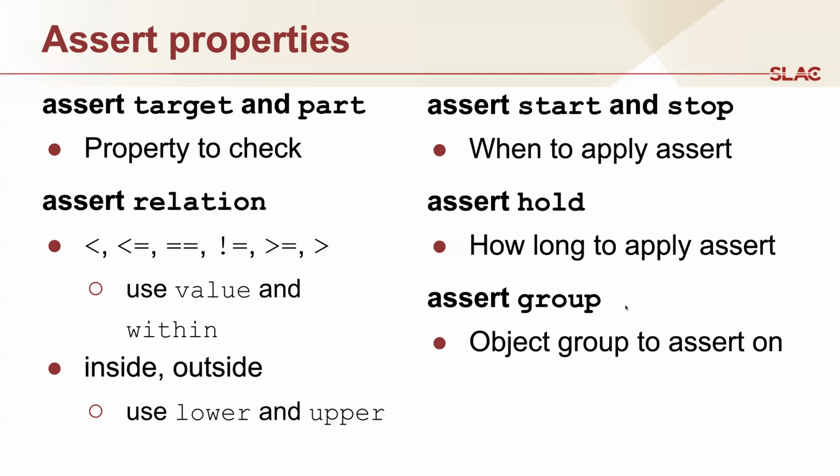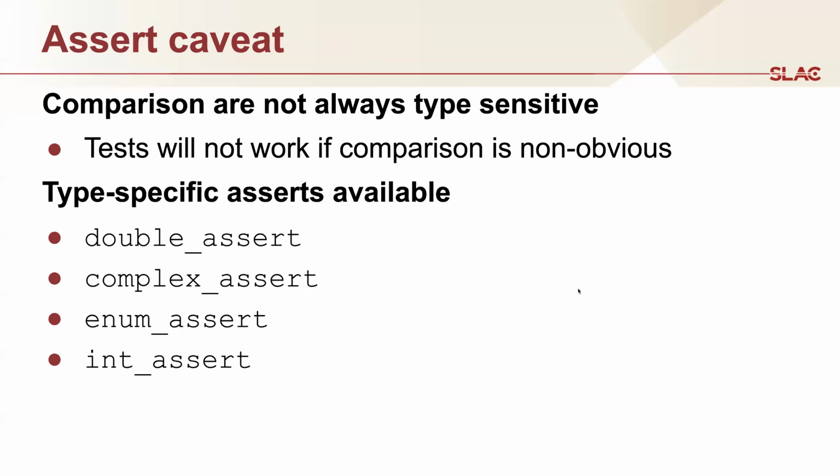That allows you to restrict the check to only properties that meet that particular group. That means you don't have to make the property parent set to anything in particular. Otherwise, the assert only applies to the parent object. And that allows you, of course, to embed it within an object. But if you don't embed it in an object and you use group, that means it will apply to a whole set of objects.